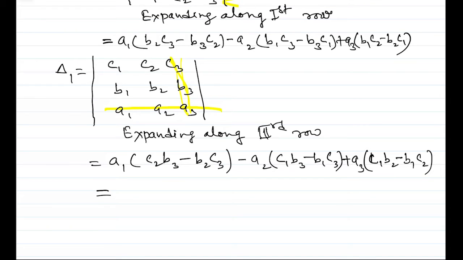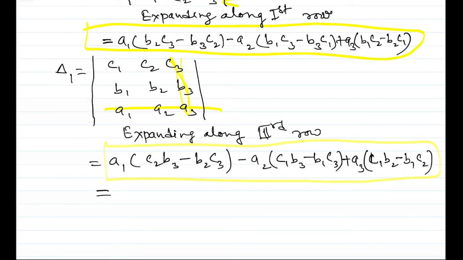Now compare this value with this value. Before the bracket, the values A1, A2, A3 are the same, but if you see the brackets carefully, in the first bracket we have B2 C3 minus B3 C2, but in the second we have C2 B3 minus B2 C3.